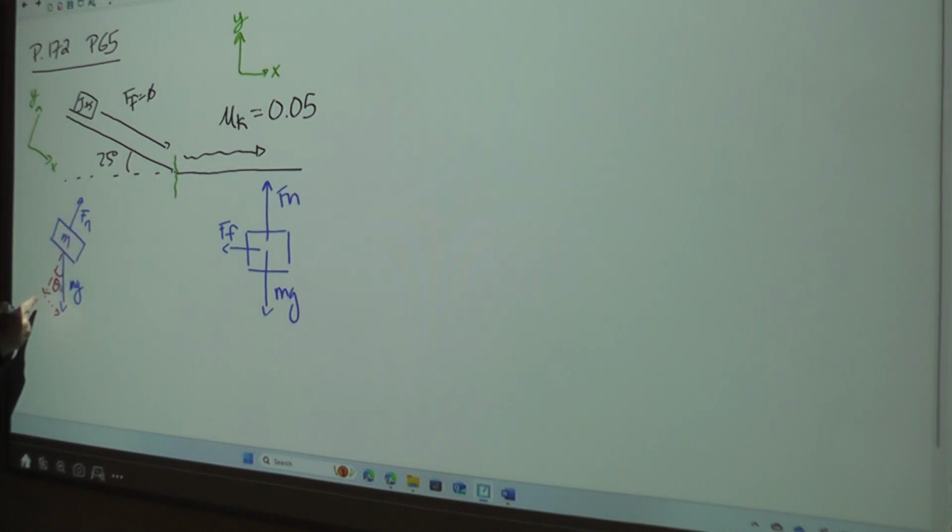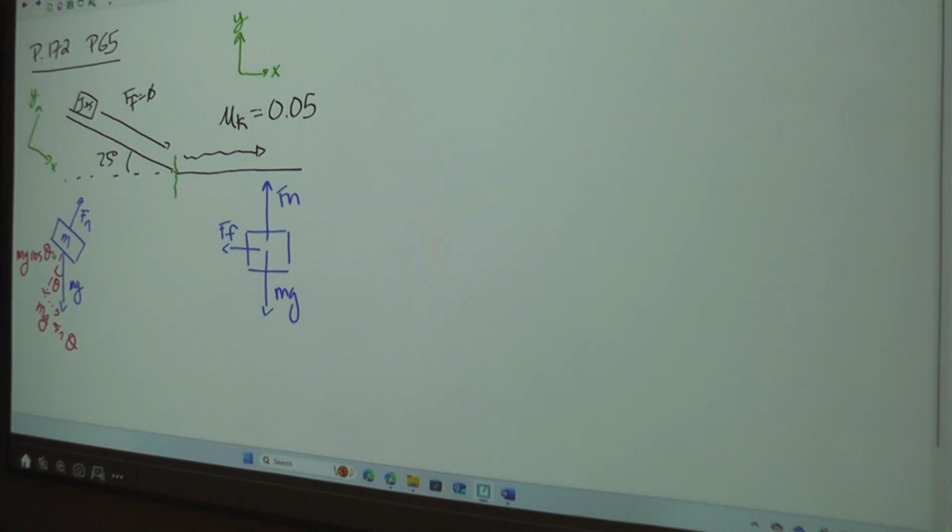This angle is always gonna be equal to the angle of the hill. The component that's parallel to the hill is gonna be mg times the sine of the angle. The component that's perpendicular is always gonna be mg times the cosine of the angle. Some of you have the geometry and trig background to understand this, which is great. Those of you who don't have that background, just know this, write it down. You can use it, you can take it to the bank.